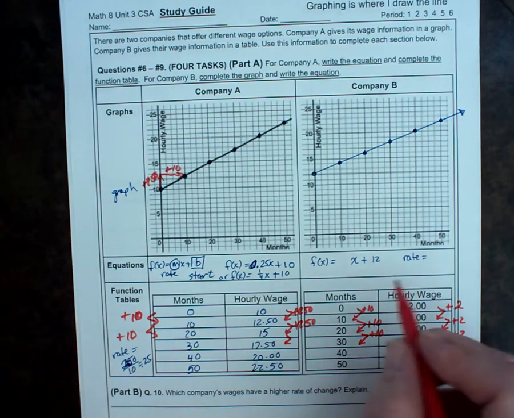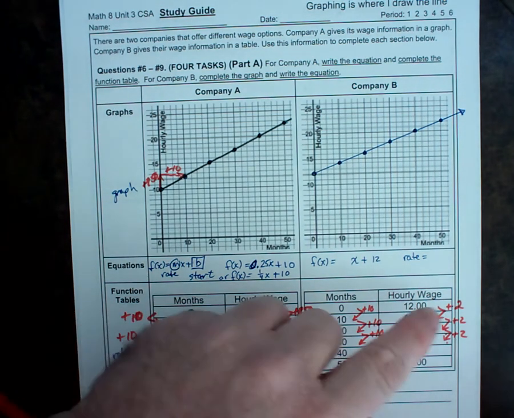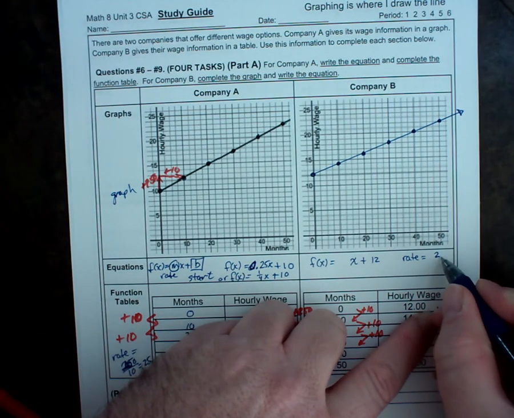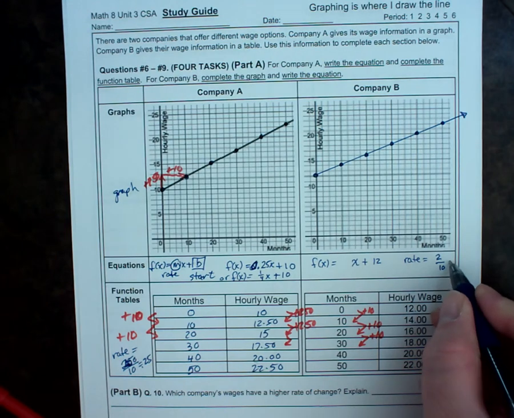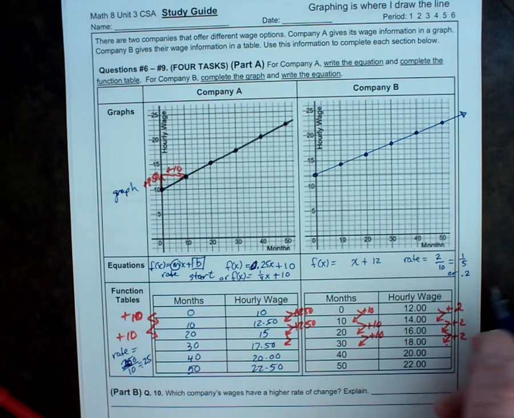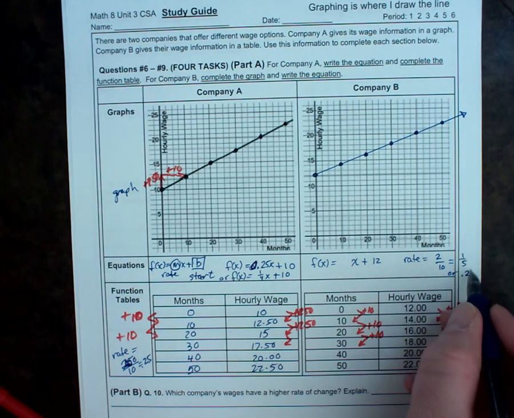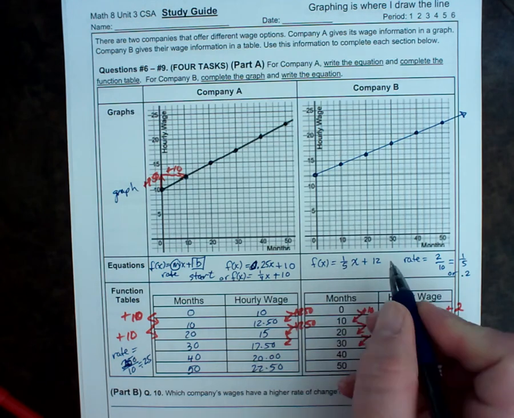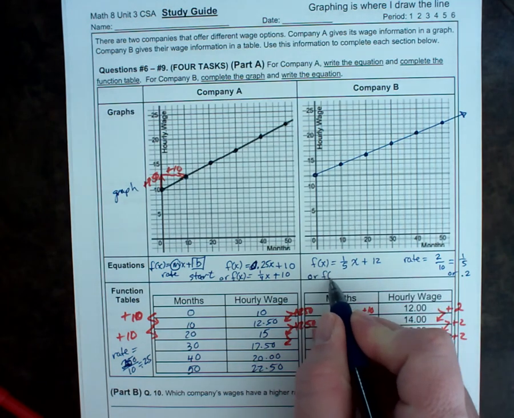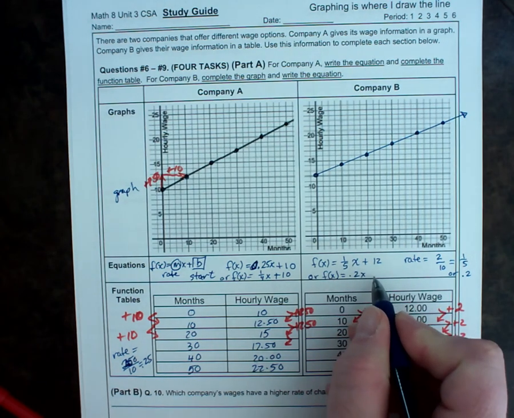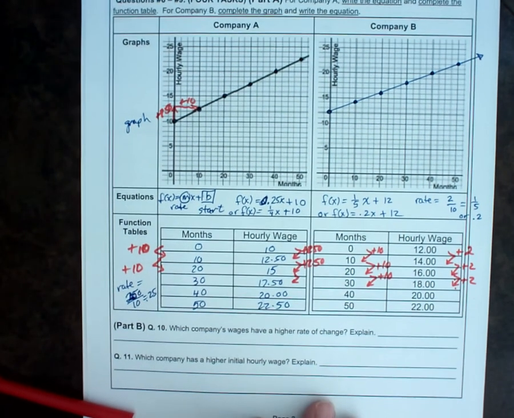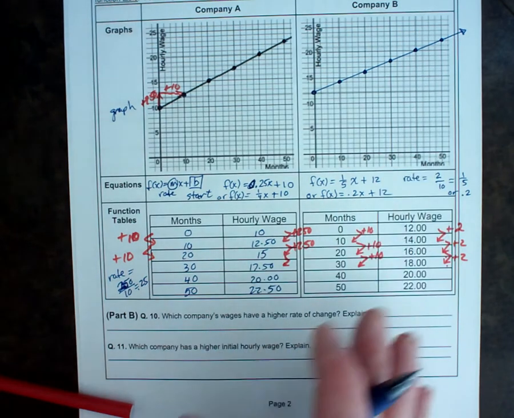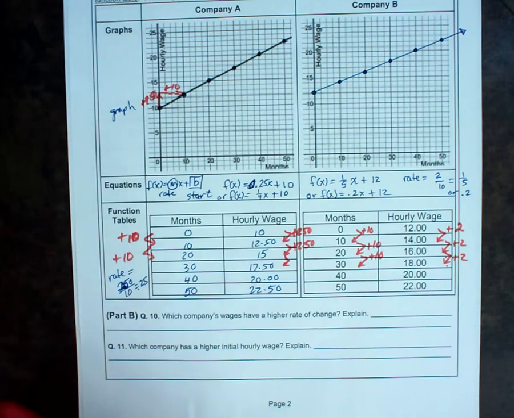So the rate is change in y, 2 over 10, which you can write as 1/5 or 0.20. I'm going to write it as 1/5 x, or 0.2x plus 12 will work also. Out of the whole test, that's probably the most time consuming to do on Illuminate.